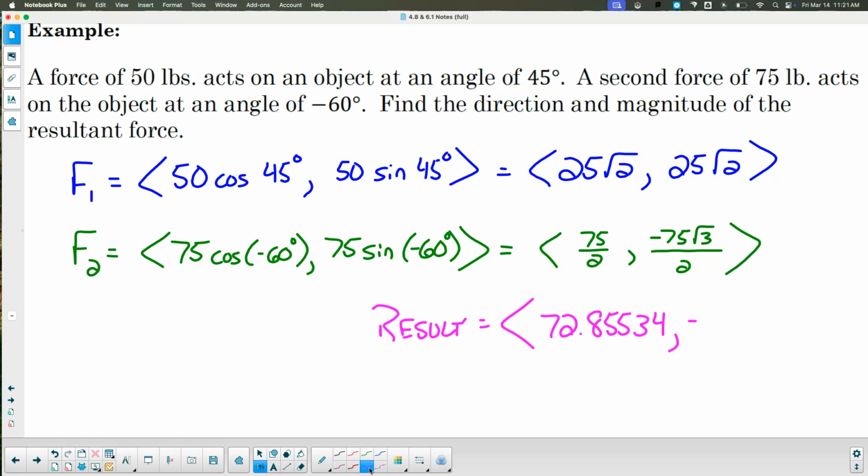Negative, back me up on this, 29.5965. I went 7. Yes?